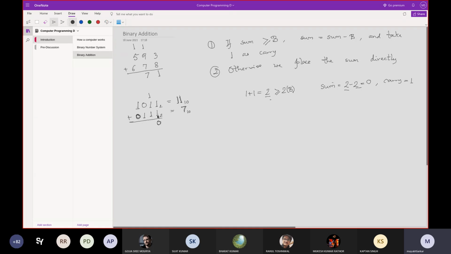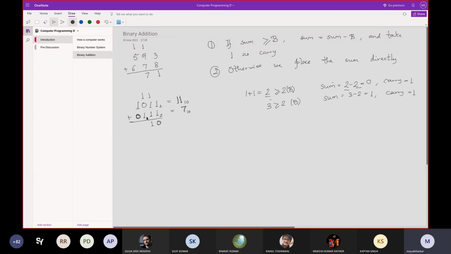I added these two numbers. It is clear, right? Now, similarly, 1 plus 1 plus 1, that is 3. This is also greater than 2, that means our base. So our sum will be 3 minus 2, that means 1, and we will have a carry of 1.